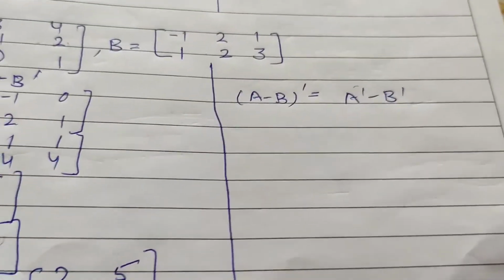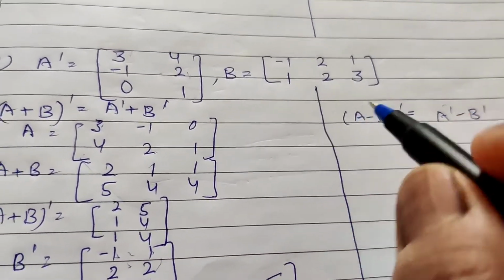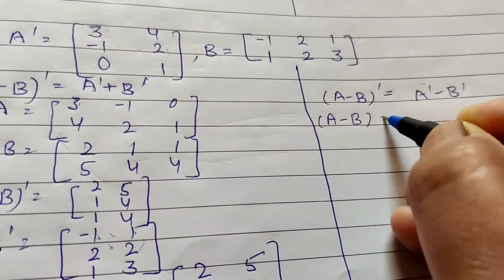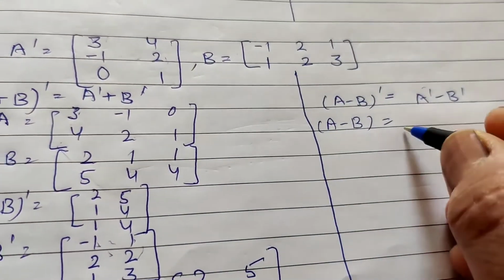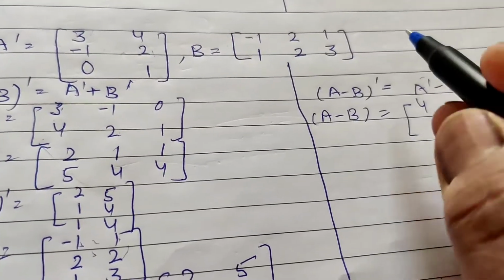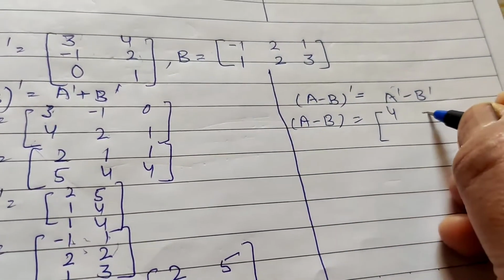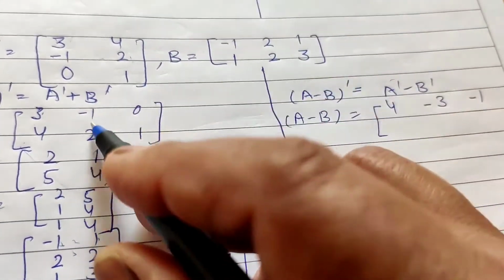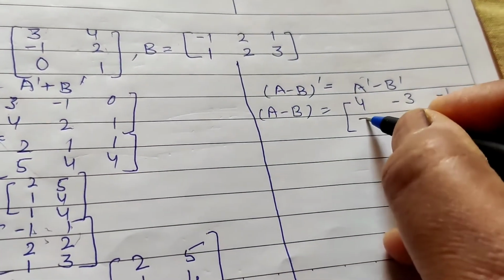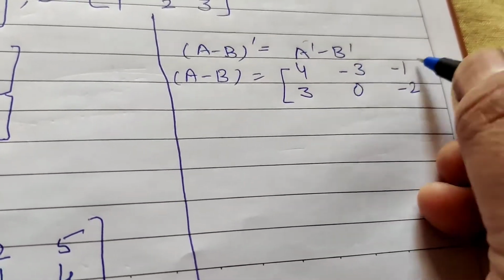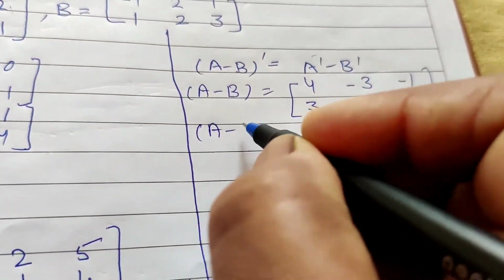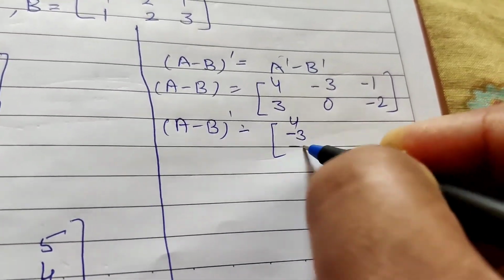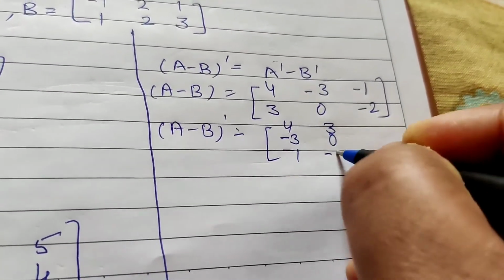And the second one for the difference, same A minus B. First here is A, here is B. Now A minus B. Subtract: 3 plus 1, 4. Minus 1 minus 2, minus 3. 0 minus 1, minus 1. 4 minus 1, 3. 0 minus 2. Now transpose: 4, minus 3, minus 1 and 3, 0, minus 2.